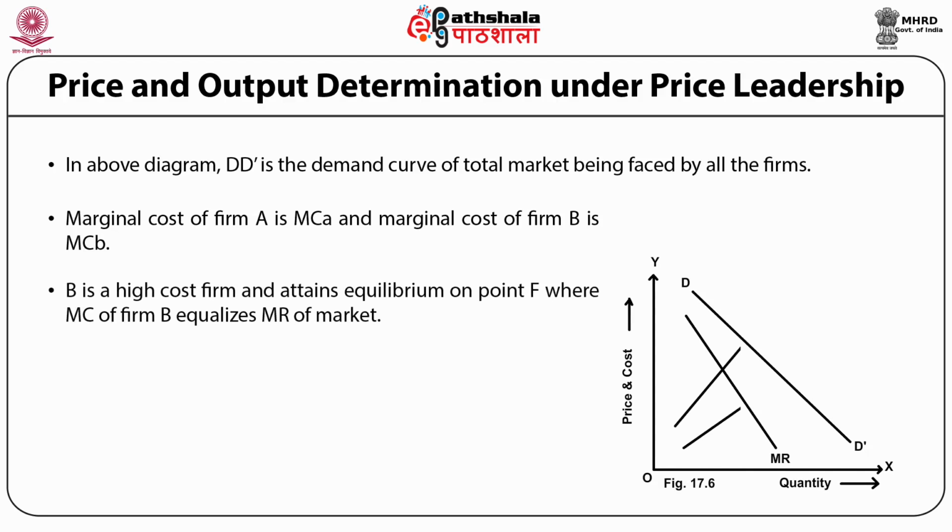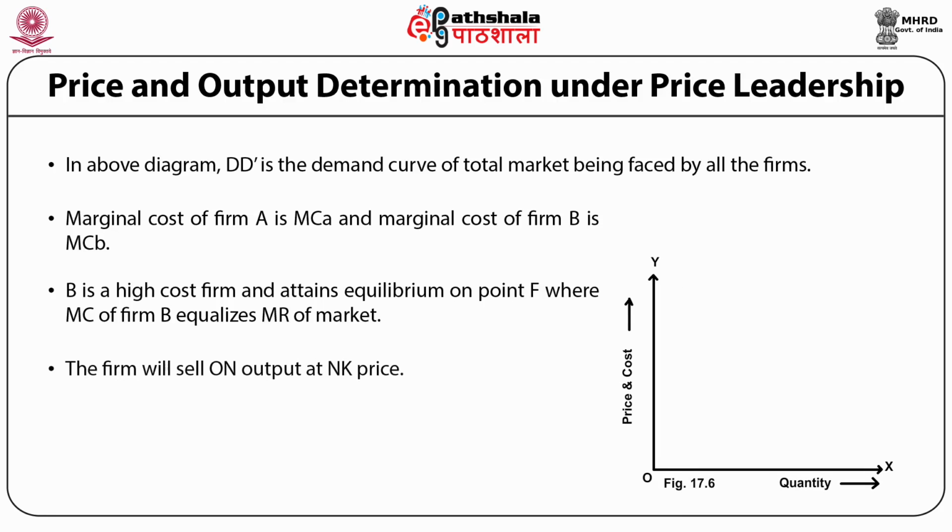B is the high-cost firm and attains equilibrium at point F, where MC of firm B equals MR of the market. The firm will sell ON output at NK price.